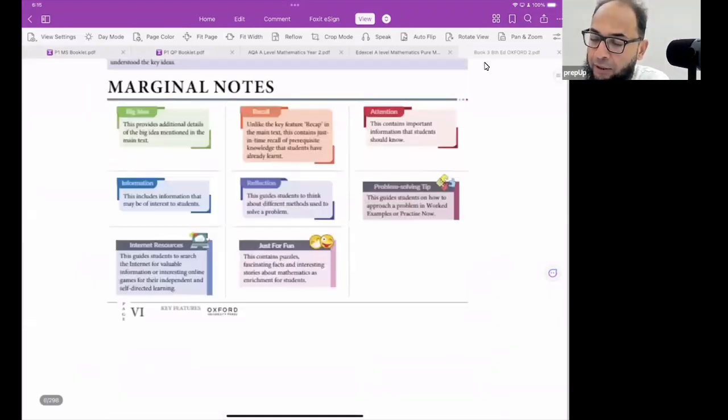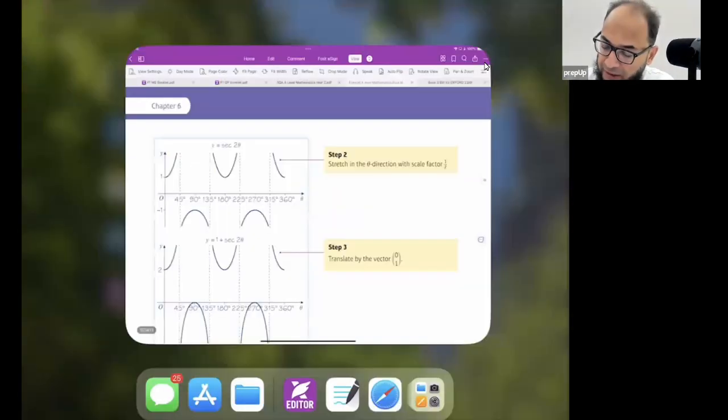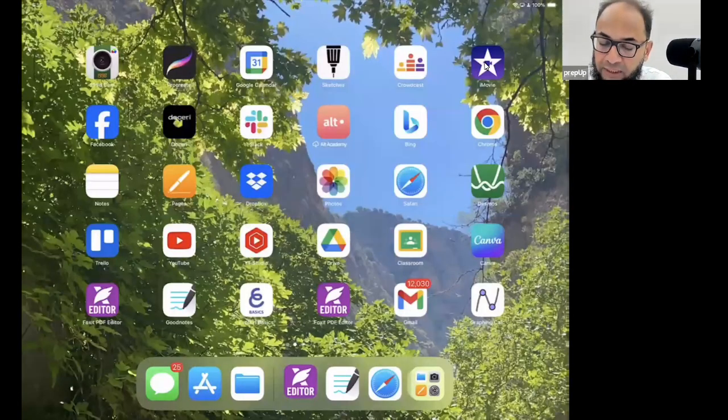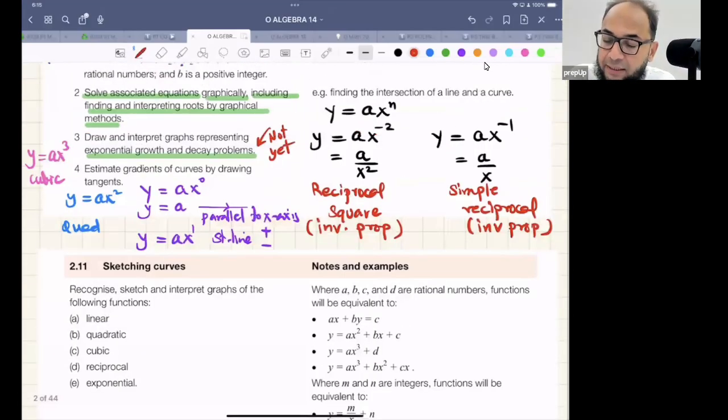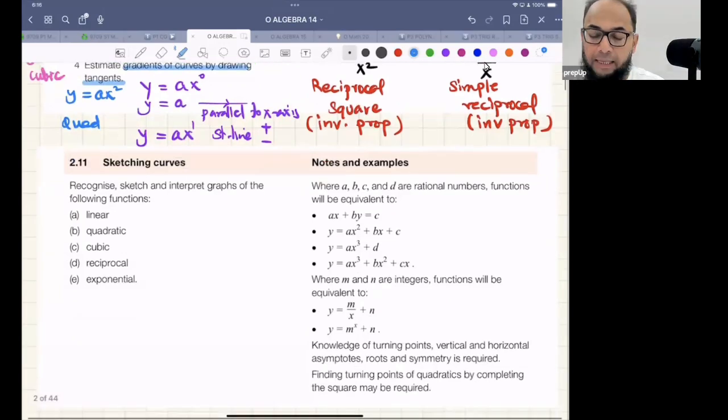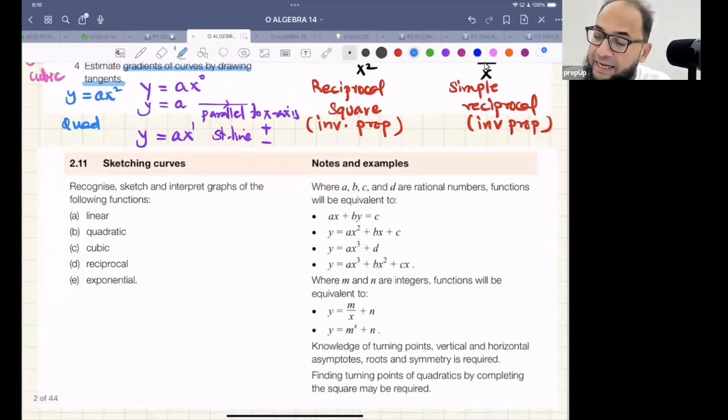Then it says estimate the gradient of the curves by drawing tangents. This we will learn.